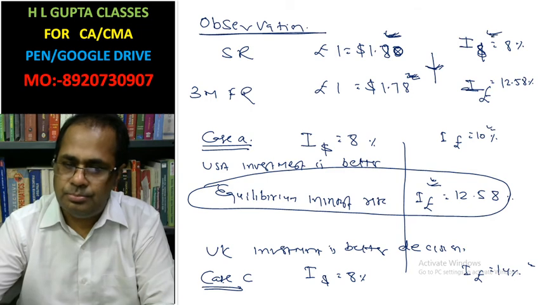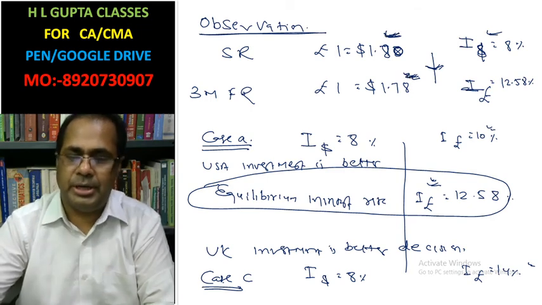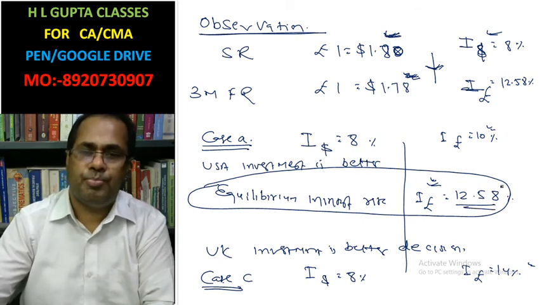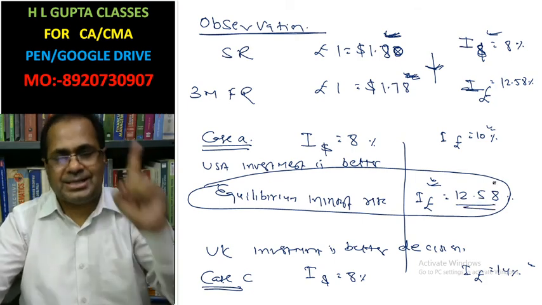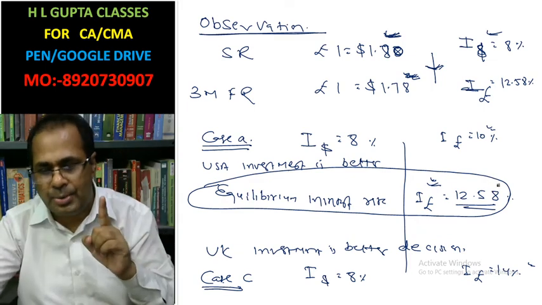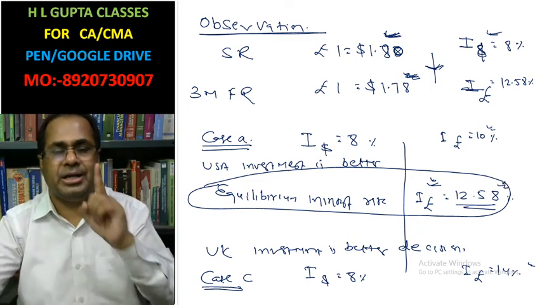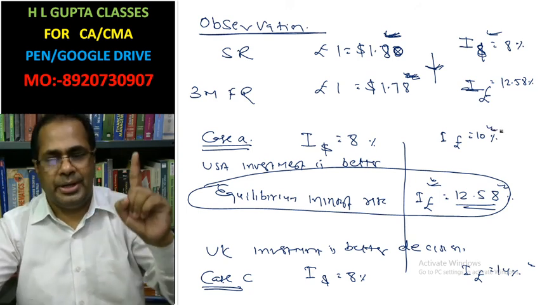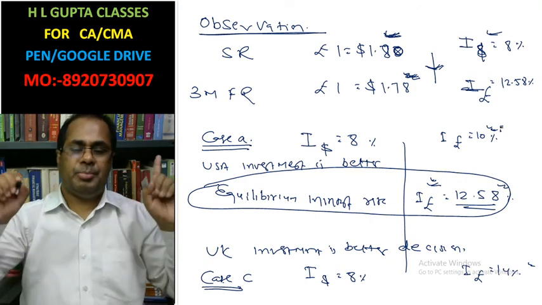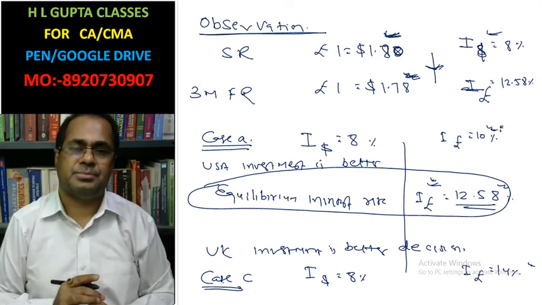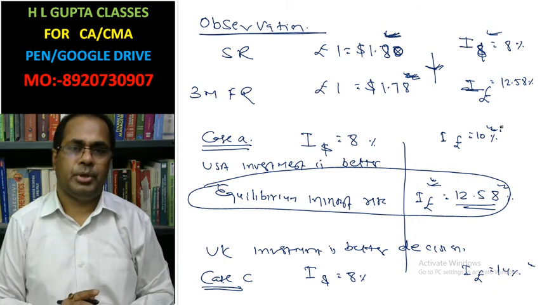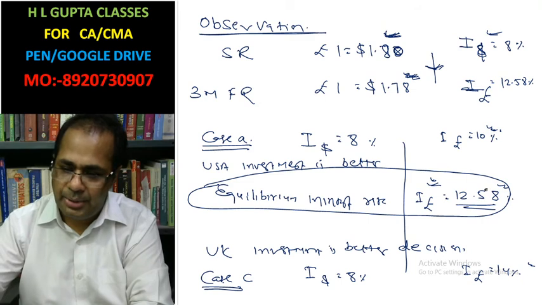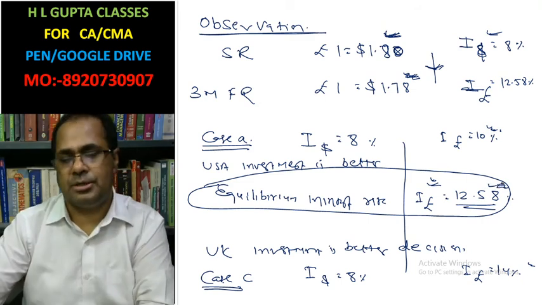Interest rate of dollar, spot rate, 3-month forward rate, equilibrium interest rate 12.58%. If interest rate of pound is lower than 12.58%, which is seen in part A, that is interest rate of pound was 10%, then USA investment is better decision. UK investment is not better decision, because interest rate of pound at equilibrium should be 12.58%.